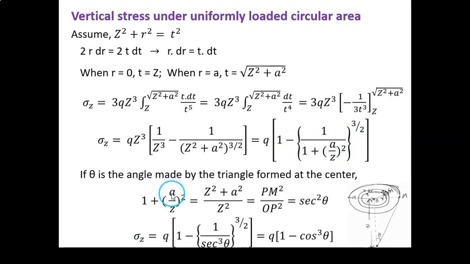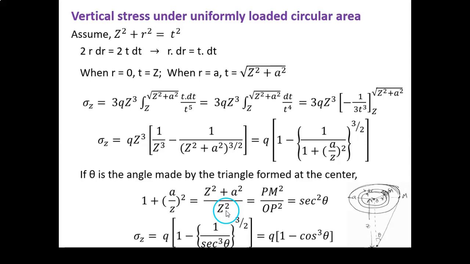If theta is the angle made by the triangle formed at the center, like this, then if you take part of this equation, that is 1 plus (a by z) square, we can write (z square plus a square) by z square. So what is this z square plus a square? From this triangle we can say it is PM, this is point P. It is nothing but hypotenuse square.